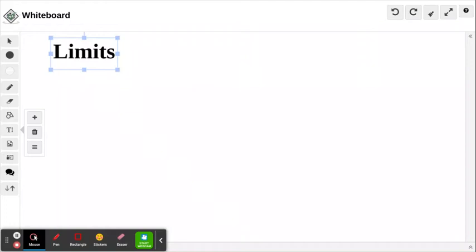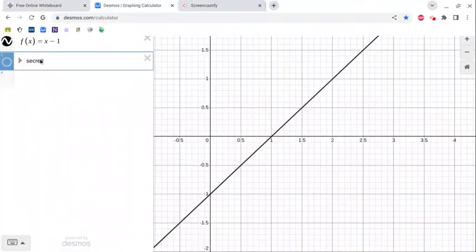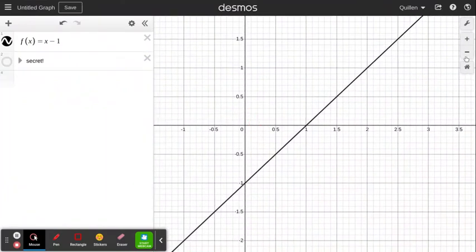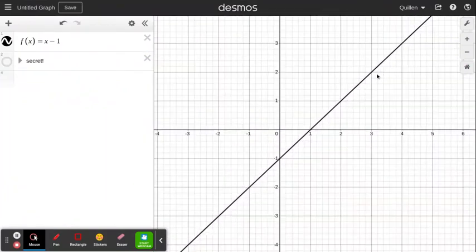So it will be most helpful to start thinking about this graphically before we move into non-graphical interpretations. So I've prepared this graph on Desmos. Let me zoom out just a bit so the numbers are a little less awkward. And this is, as you can see over here, the graph of f of x equals x minus 1.